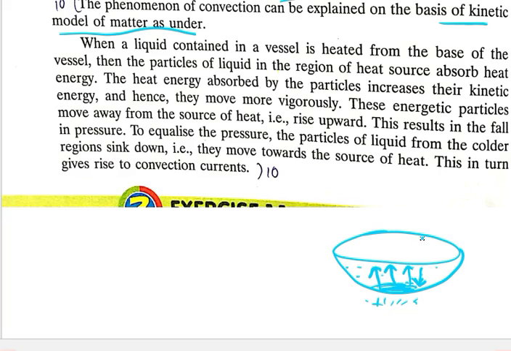They will gain energy and move upward, creating low pressure, and to equalize it, the particles in the colder region will again come to the source of heat, get heated, and move away. In this way all the particles of the water will get heated and increase their energy.